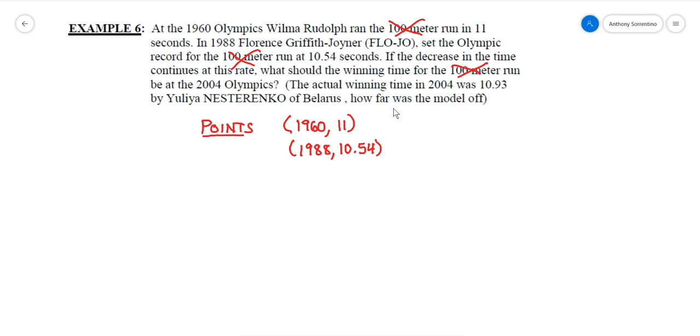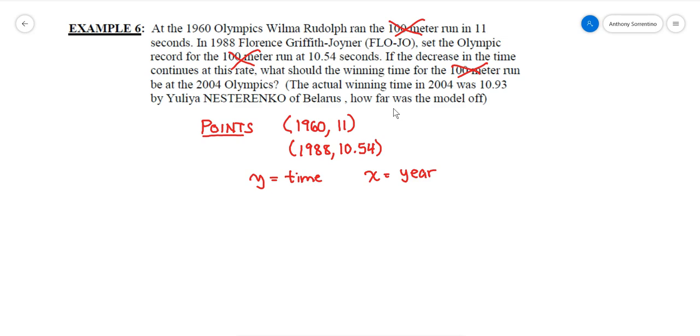Now I could have adjusted this by doing this, but this makes it a little easier for me, having to do more mental math and figure, okay, well, if 1960 was 0, what's 2004 going to be, and whatever the case may be. So I want to use this to come up with an equation where y equals the time the events run in, and x equals the year.